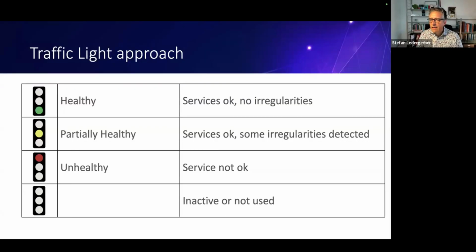So basically, what we are very strict on is that healthy means the services are okay, but there are no irregularities. And what is an irregularity or not is dependent on the product and the manufacturer to decide. Yellow means there are some irregularities, but you're totally okay. So, taking a -7 system with A and B network, you still have one link up.